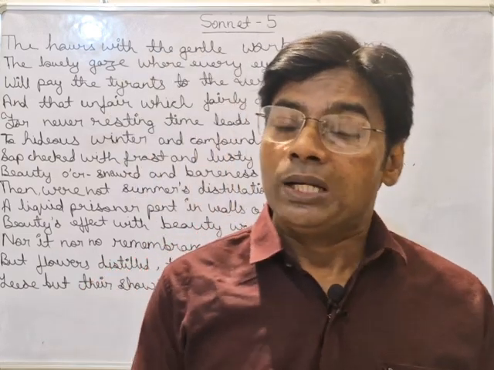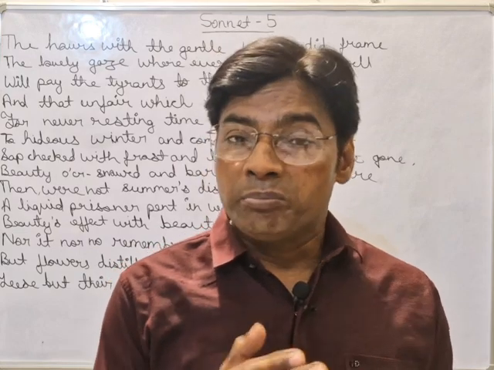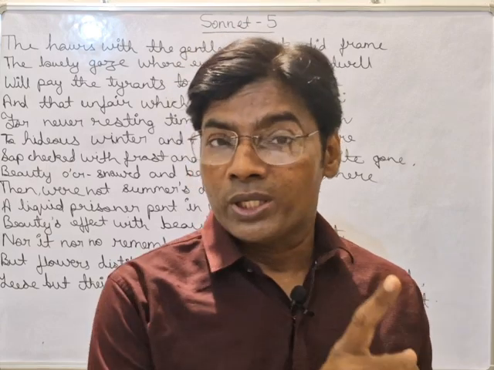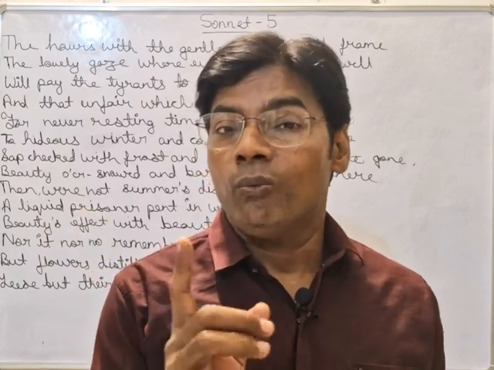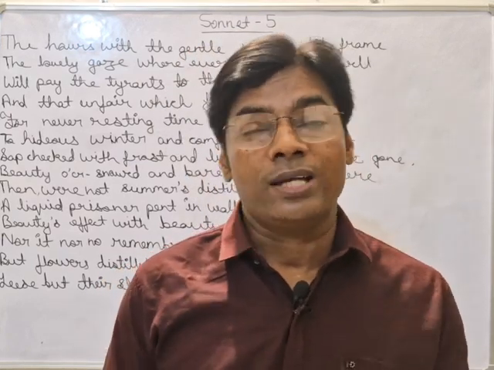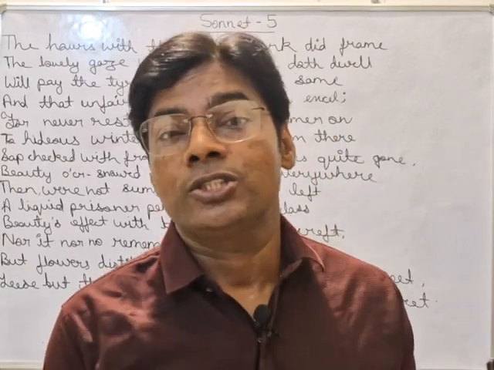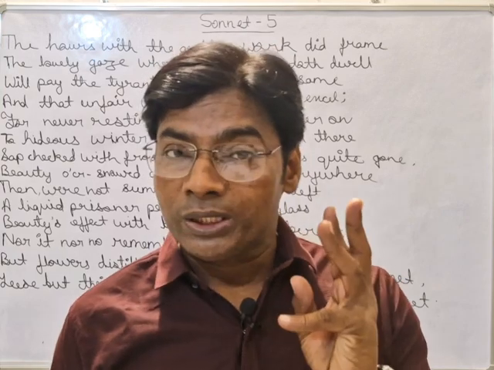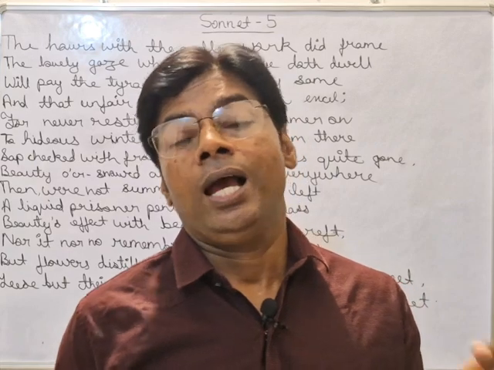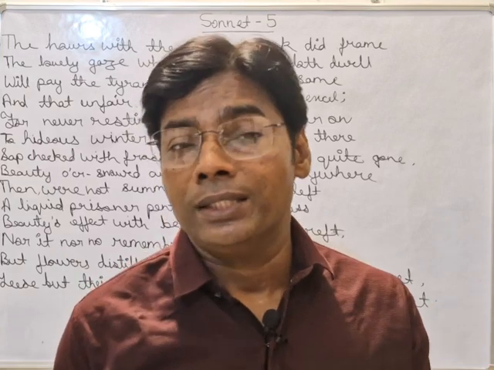So now let's look at this beautiful sonnet, part of the fair youth sonnets, from sonnet number 1 to sonnet number 126. You all know that Shakespeare's sonnets are divided into three quatrains, a stanza of 4 lines, and a couplet, a 2 line stanza.